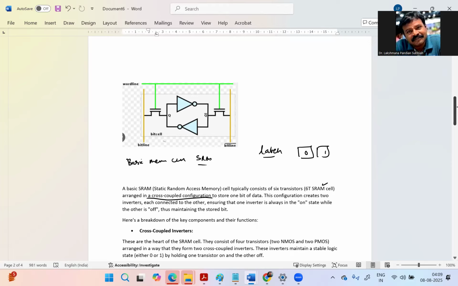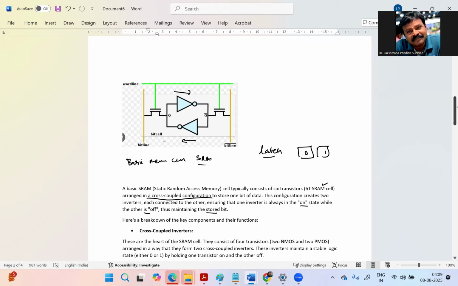This is one direction, this is the opposite direction. The configuration creates two inverters, each connected to the other, ensuring that one inverter is always in the on state while the other is in the off state, thus maintaining the stored bit.